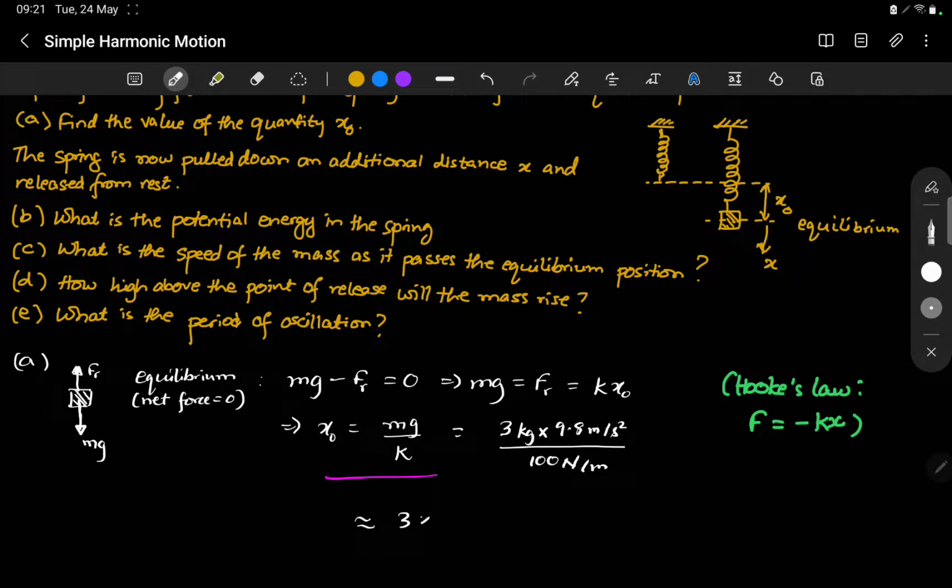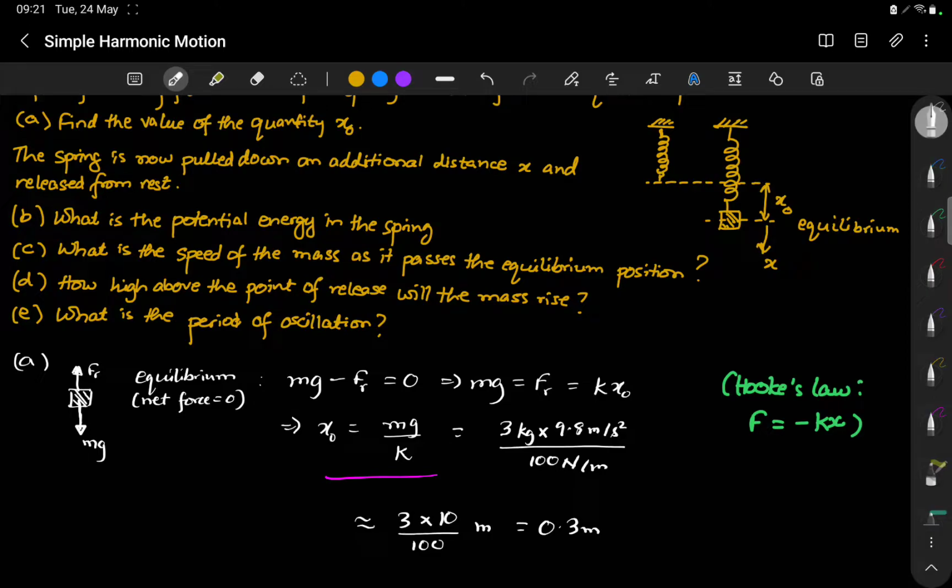So 3 into 10 divided by 100 meters. So this comes out to be equal to 0.3 meters. So this is the solution to the first part of the problem.